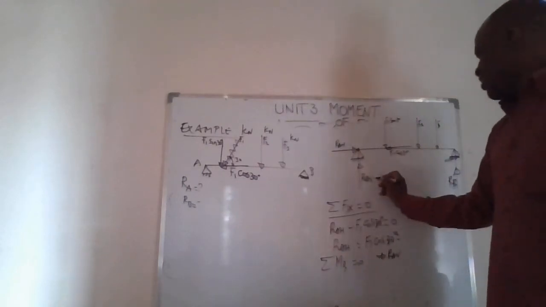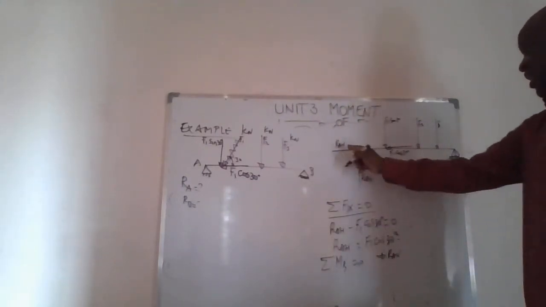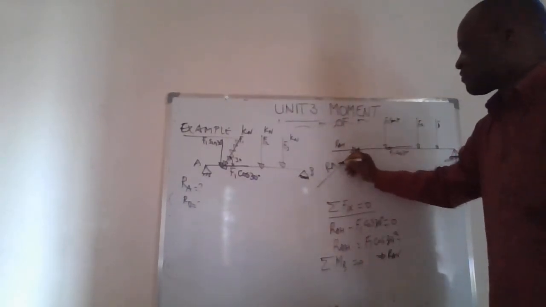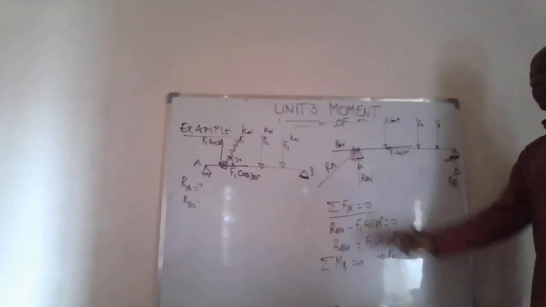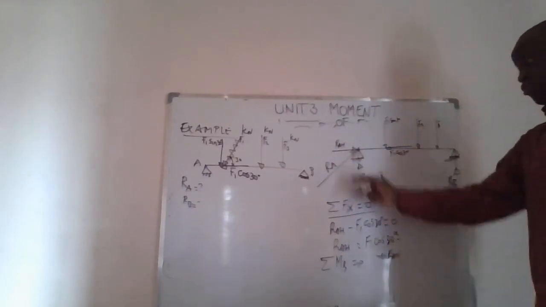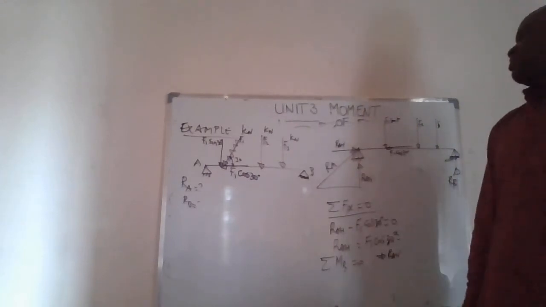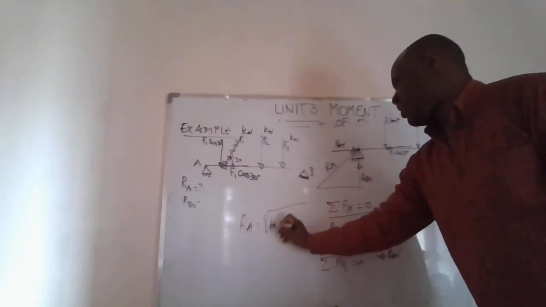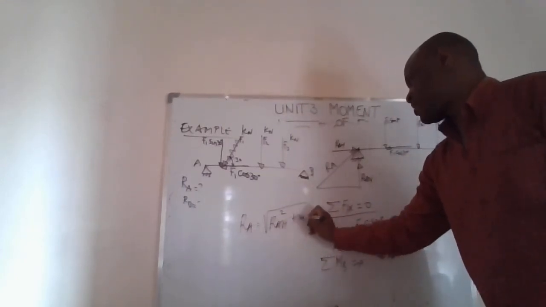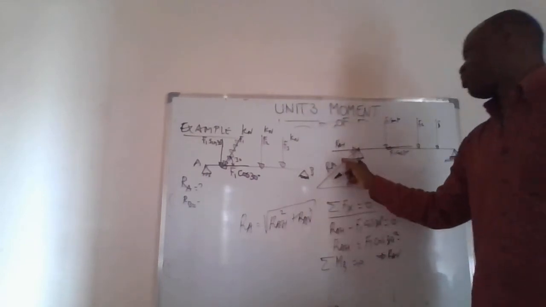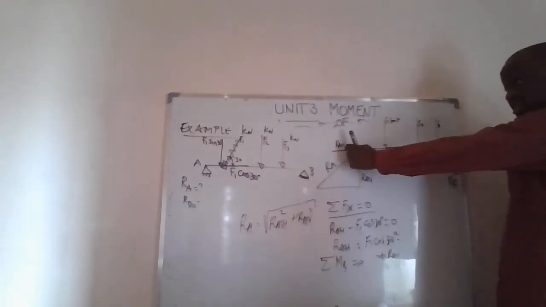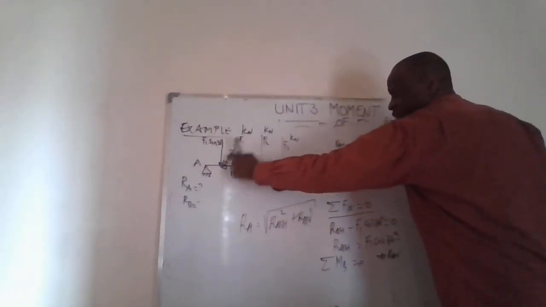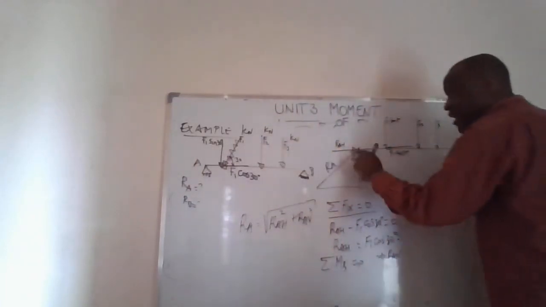And once we have RAV and RAH, we can calculate the resultant RA. And to calculate the resultant RA, what are we going to do? We'll use the Pythagoras. It means the resultant RA will be the square root of RAH squared plus RAV squared. Because in this case, we have a horizontal component triggered by the inclined force that will generate a reaction here.